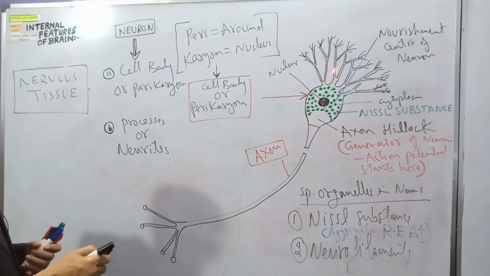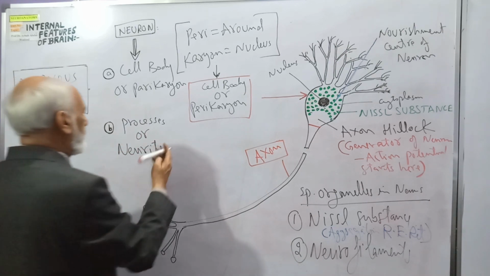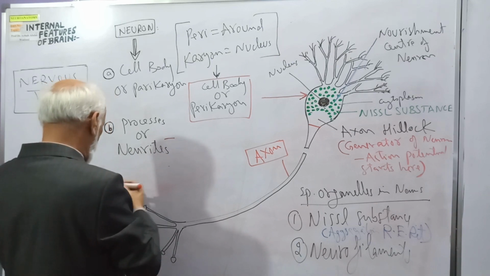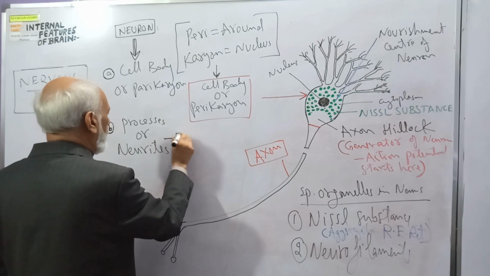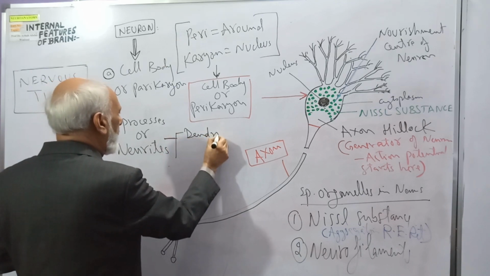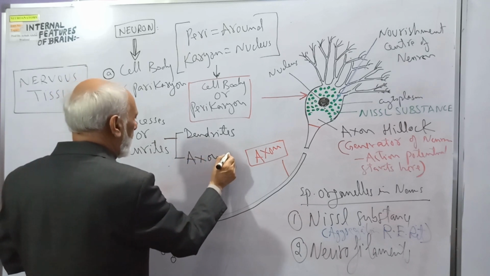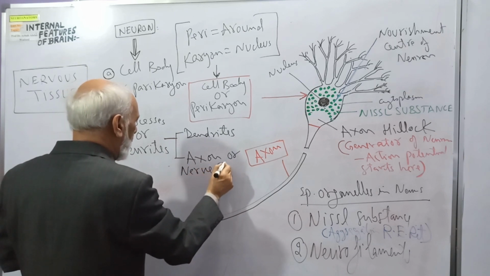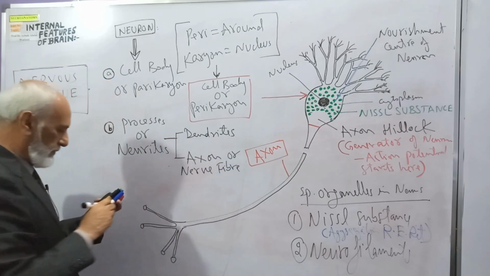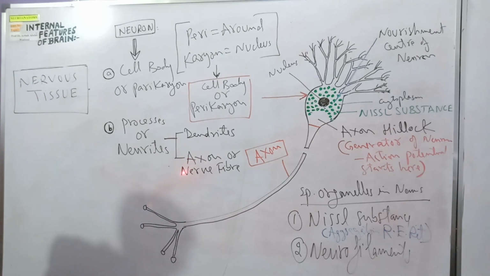Then the processes are collectively known as the neurites. These are dendrites and axon. Axon is also known as nerve fiber. There is a difference between a nerve fiber and a peripheral nerve.